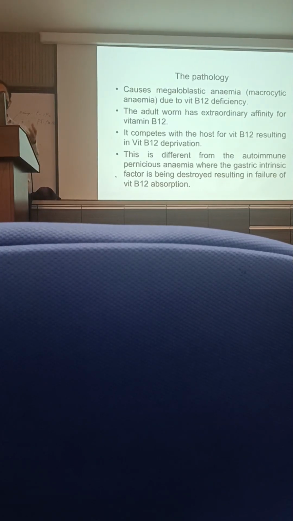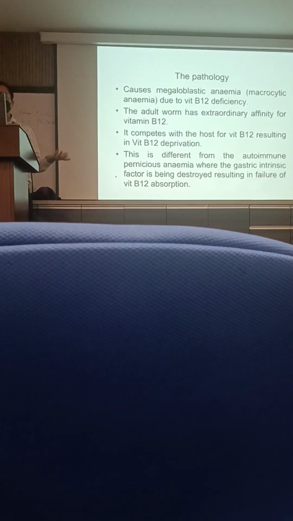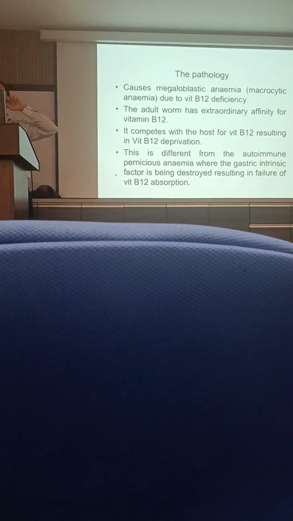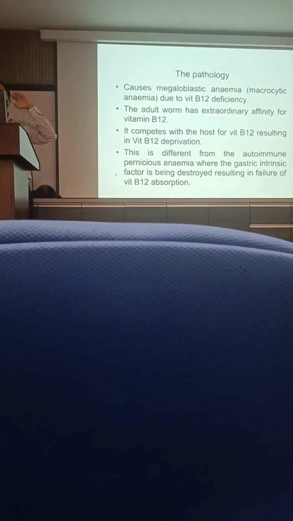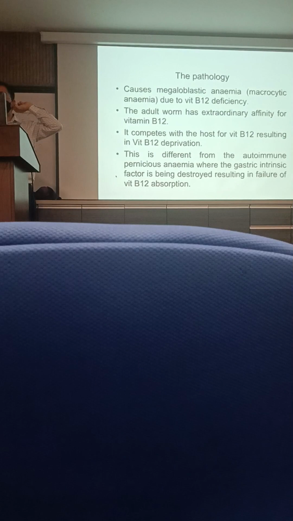Microcytic, because of iron deficiency, because of diet, blood loss usually, either diet or blood loss, but mostly blood loss, because we lose a lot of blood through a lot of things. So you get small cells, the RBC becomes smaller, but here the RBC becomes big, so it's called a macrocytic anemia.